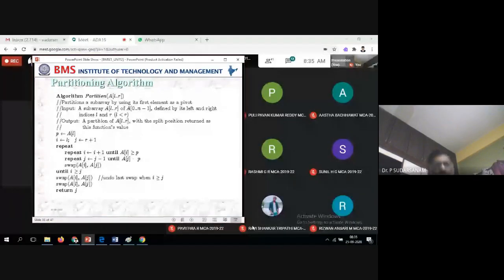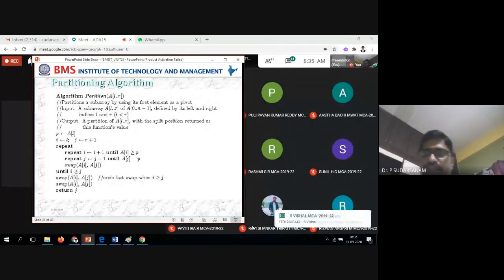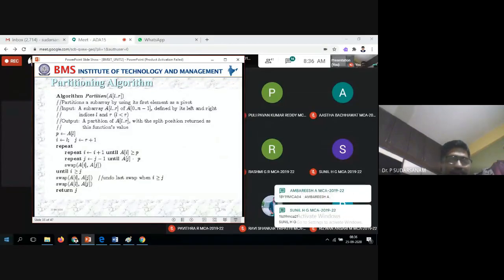Okay, partition algorithms. Yesterday, in the last class, we had discussed the quicksort algorithm, and I told some of the problems in that. So I'll show you that also.